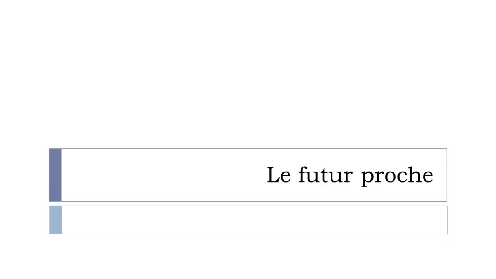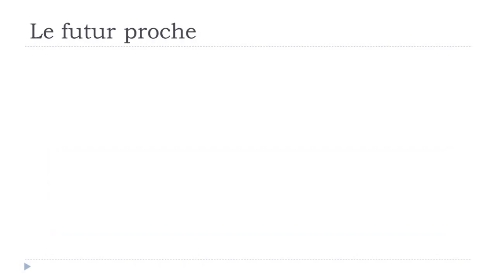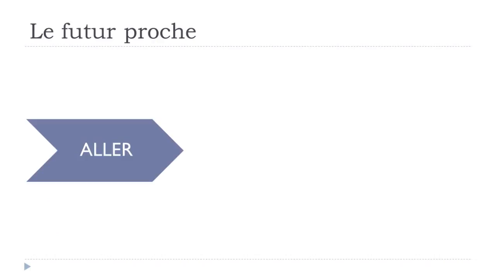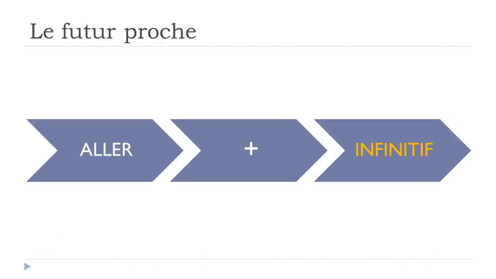Le futur proche, so basically if you want to translate it directly, it would be the near future. So what is le futur proche exactly? It's the possibility that we have in French and in other languages to construct basically a future with aller at the present form followed by the infinitive, so the basic form of the verb.